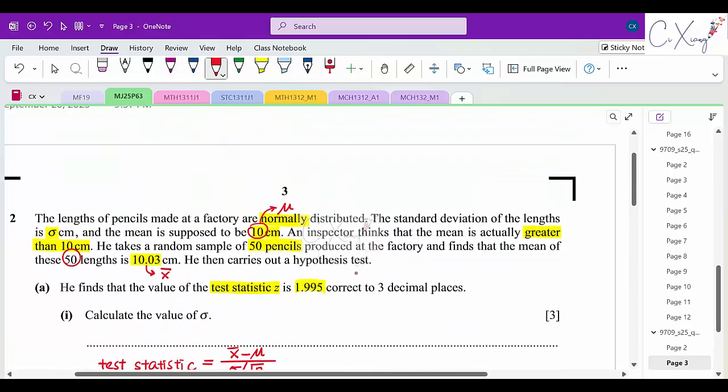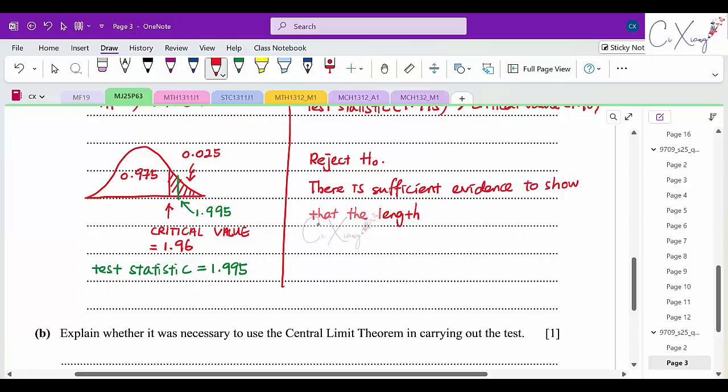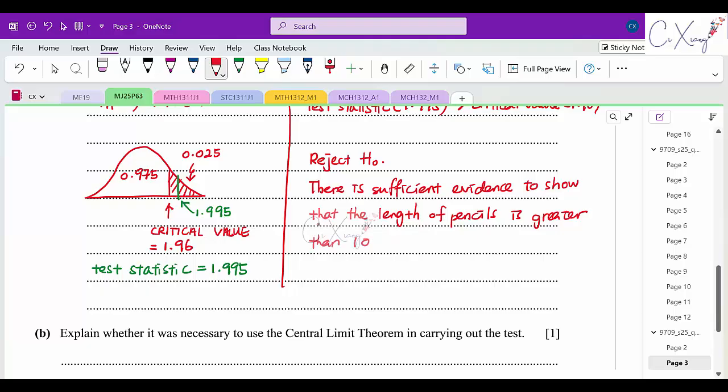Just double confirm again, yeah. They're talking about the length of the pencil. So the length of the pencils is greater than 10 cm. Okay, yeah. So this is how we carry out the test.